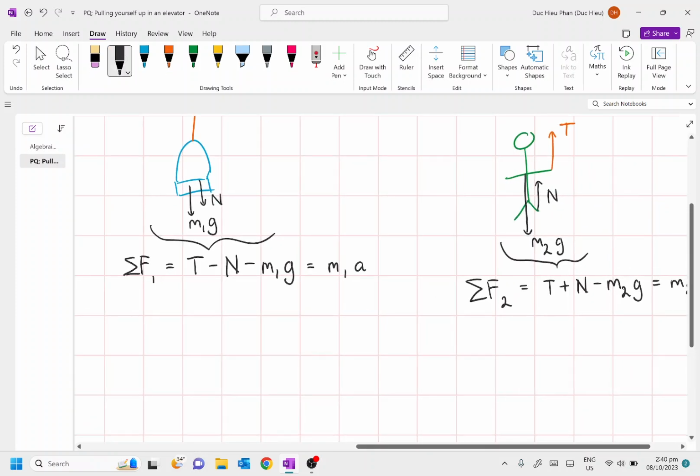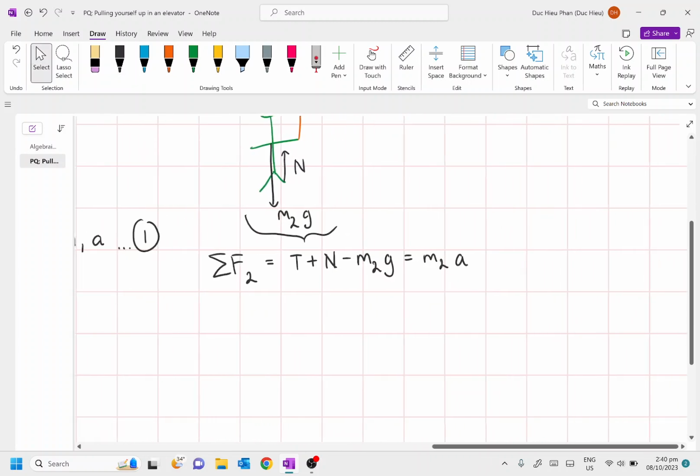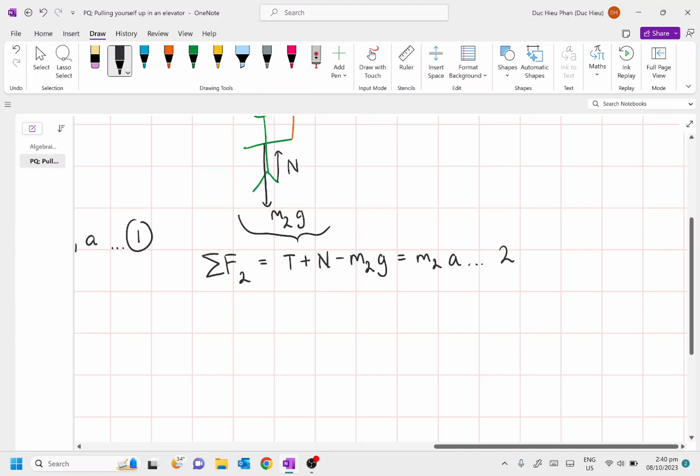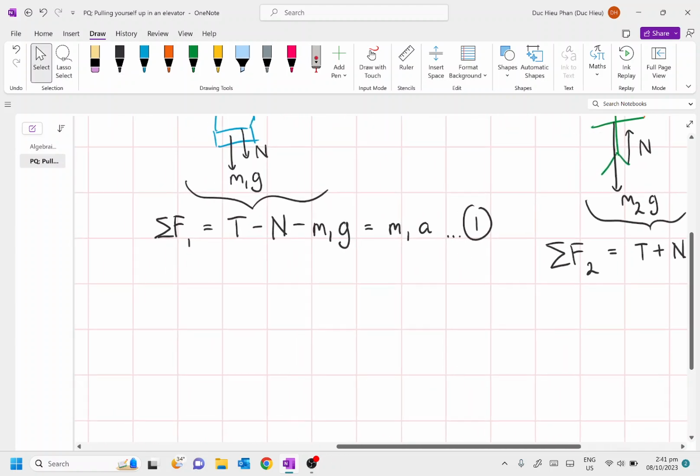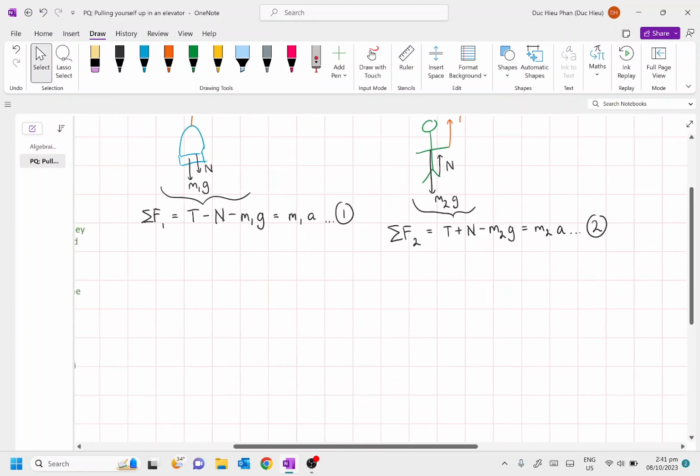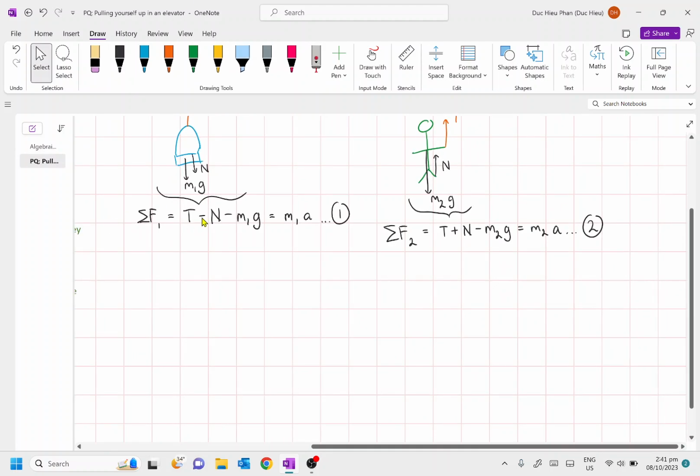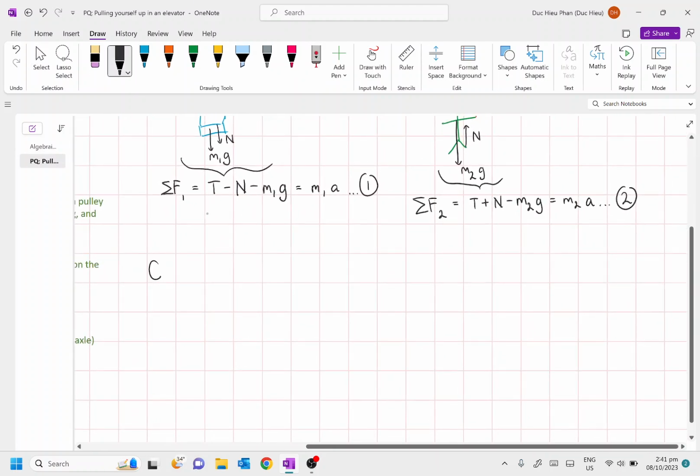All right. So we'll label this as equation 1 for body 1, and we'll label this equation as equation 2 for body 2. Okay. So since this is already positive N and this is negative N, I'm going to take equation 2 minus equation 1.